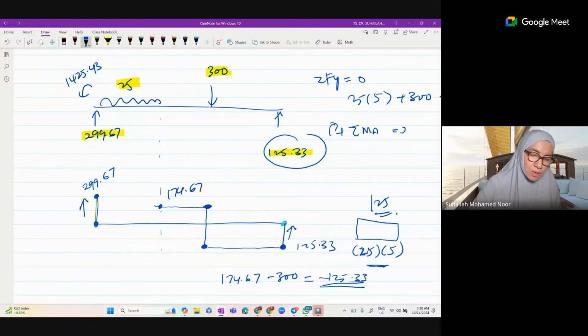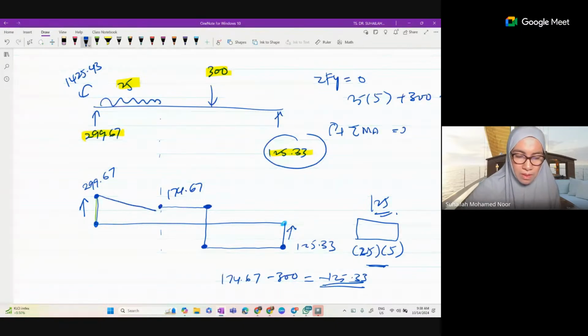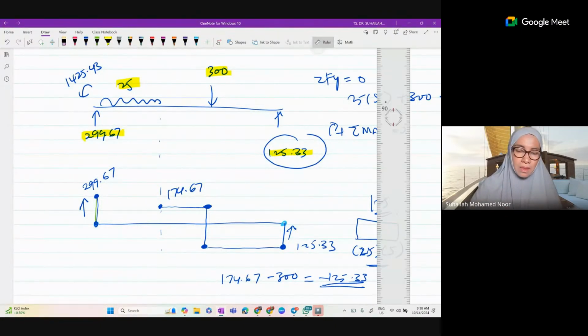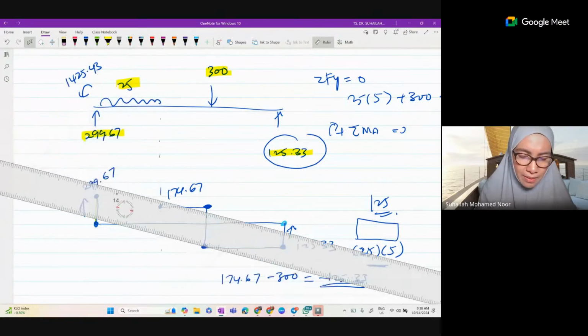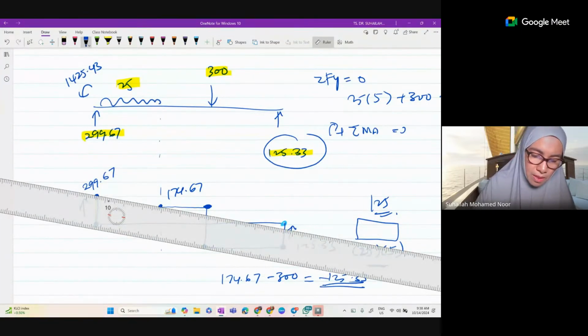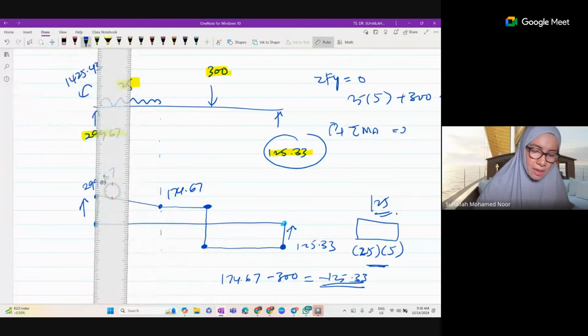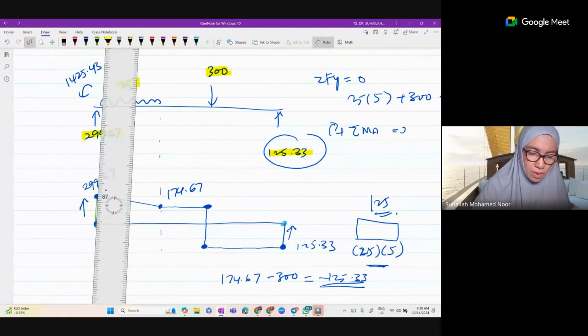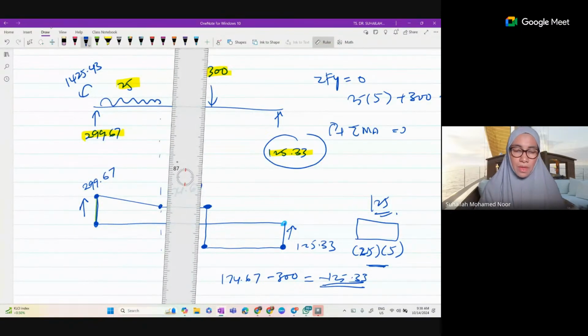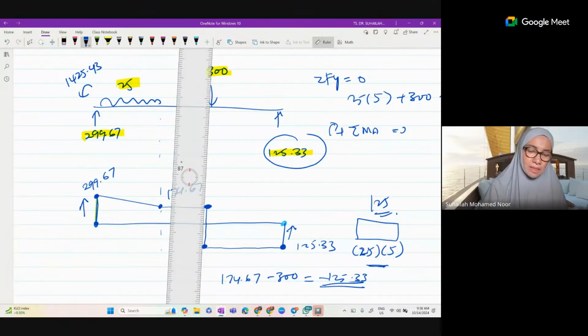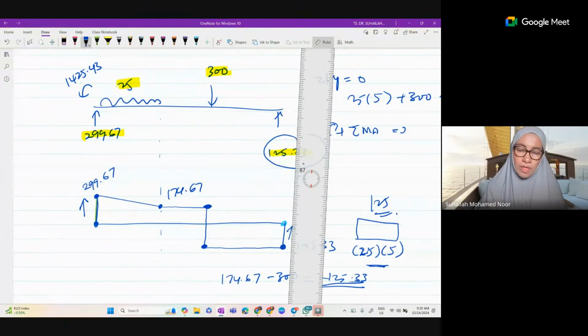So yang ni kita sambung these two titik lah. Oh, tak cantik, kita pakai ruler. Okay, so yang ni dapat macam ni. Yang ni tadi daripada 0 ikut arrow shear, the first shear tu, AY tadi tu, dia naik atas. Okay, sebab tu dia duduk kat point atas.